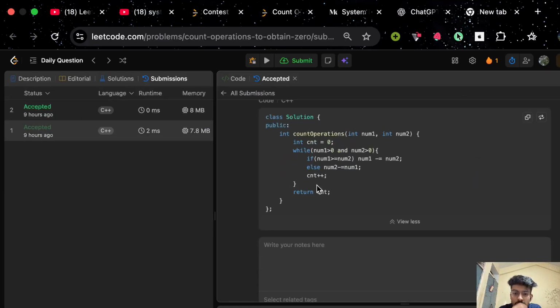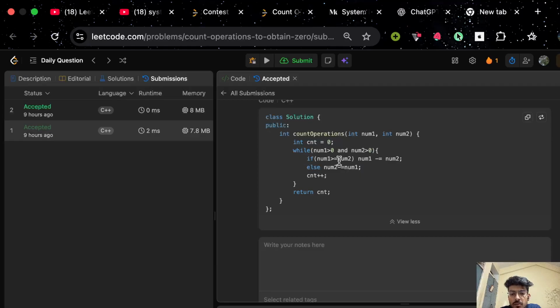What I have done is I am continuing this while loop till any of my numbers becomes 0. Whenever one of these numbers becomes 0, the while loop condition will break and it comes out of the loop. Inside it I am just simulating the process that is given in the problem itself.